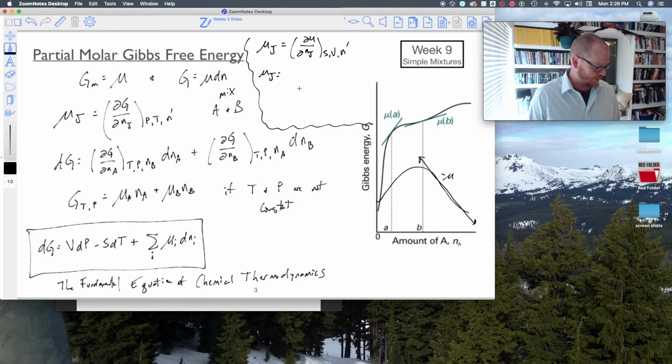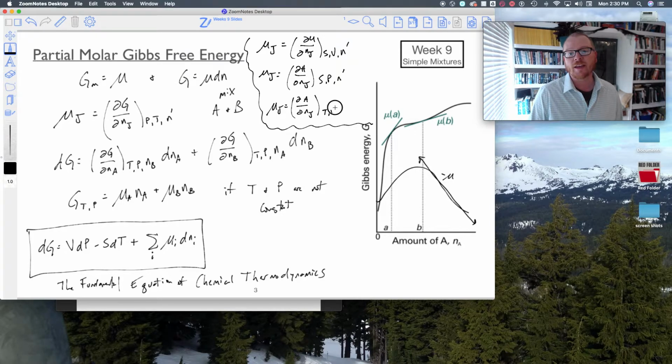I could make a chemical potential out of enthalpy if I hold entropy and pressure constant. And I could make a chemical potential out of a partial molar quantity with the Helmholtz free energy if I hold T and V constant.